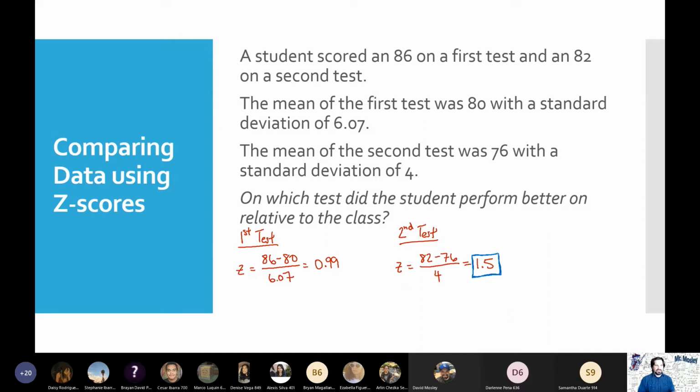And this is demonstrated because she's 1.5 standard deviations greater than the average on the second test. And on the first test, she's only approximately one standard deviation better than the average on the first test. Right? So the student performed better on the second test.